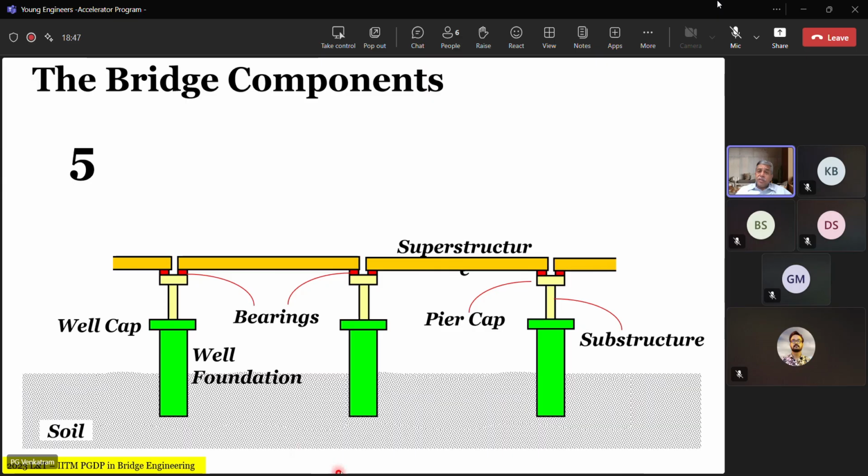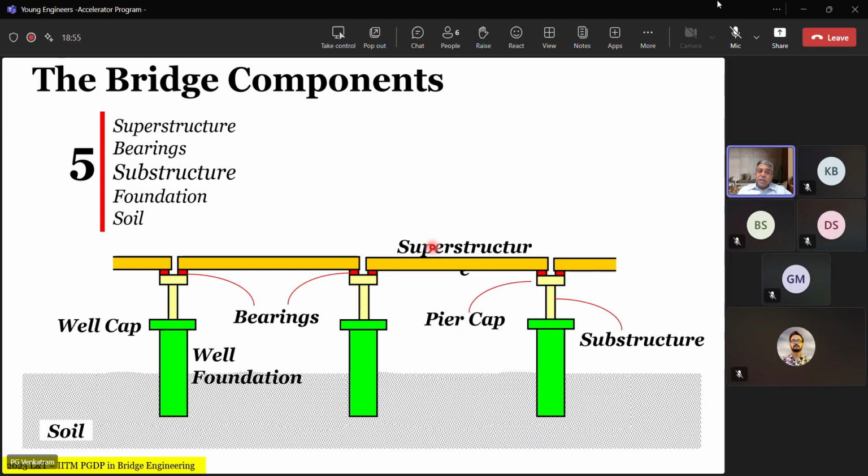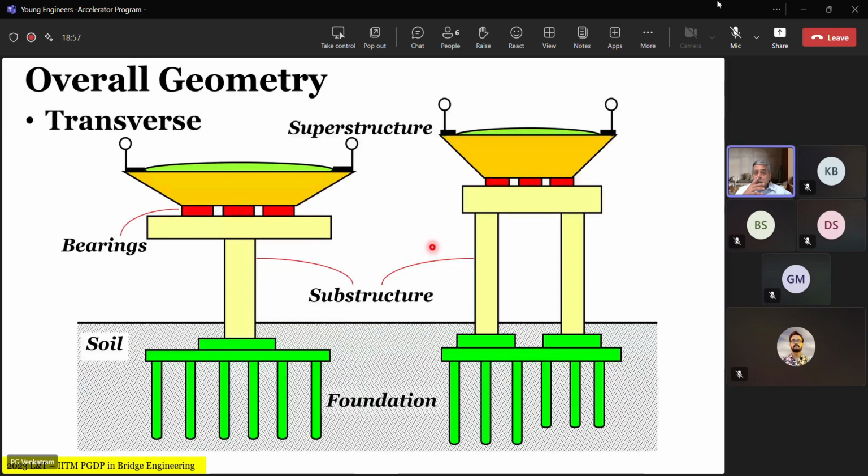Every component. What are the various components? You have soil, foundation, substructure, bearings, and superstructure. Say this is a view in the longitudinal direction and in the cross-sectional view, the superstructure may also have an alternate arrangement, and the type of substructure in the form of either a portal or a single cantilever pier. Whatever it be, you need to model all of it correctly.